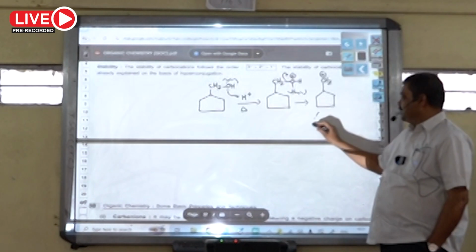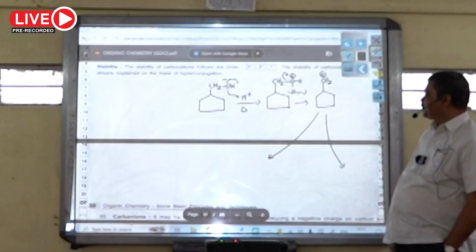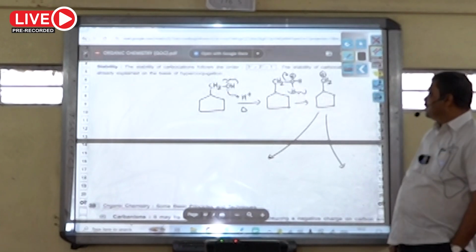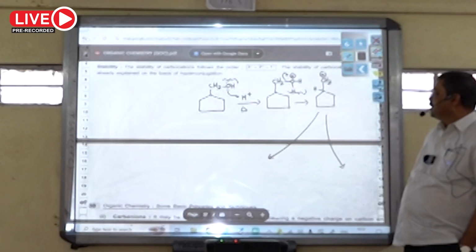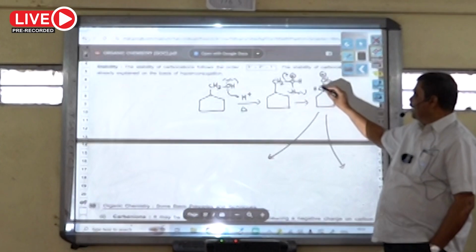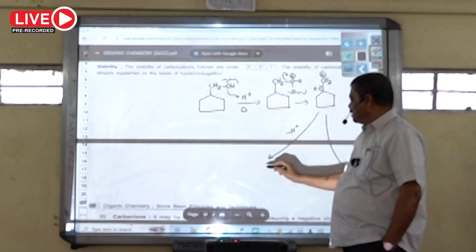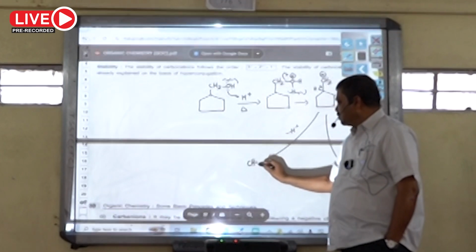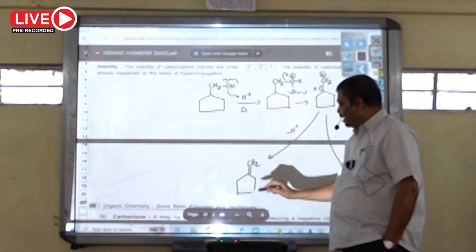See, there are two possibilities. Simply, the H adjacent to that carbon, if it gives its bond pair and is lost as H plus, you will get CH2 double bond to the ring.